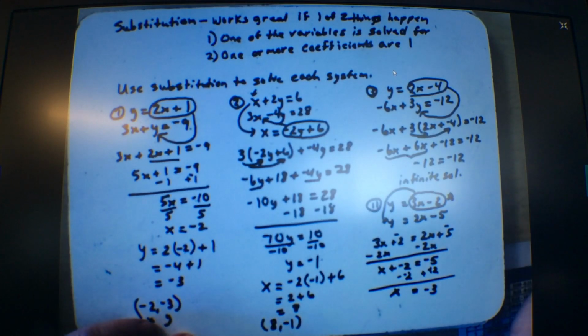So I take a negative 3 and I go y equals, remember I circled it for a reason, 3 times a negative 3 plus a negative 2. So I get negative 9, sorry. Negative 9 plus a negative 2, I get a negative 11.